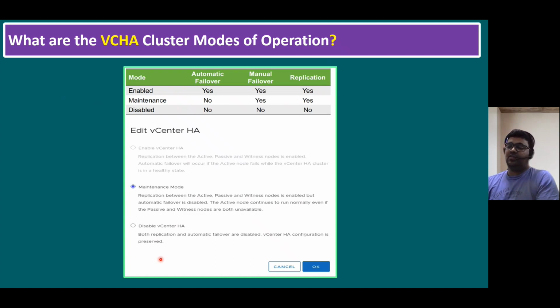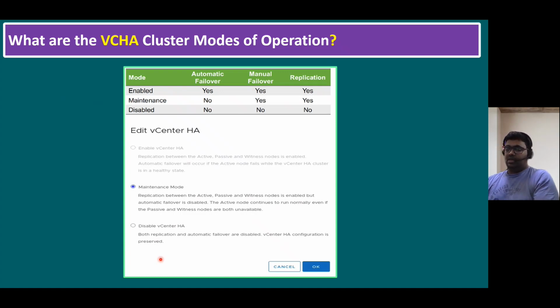So the procedure is first disable VCHA, and also place maintenance mode, and perform the SSL certificate renewal. Even once you disable it, maintenance mode doesn't matter. The recommendation is disable VCHA and do your SSL certificate renewal. And maintenance mode is recommended when you're performing vCenter server patching or upgrade scenarios.